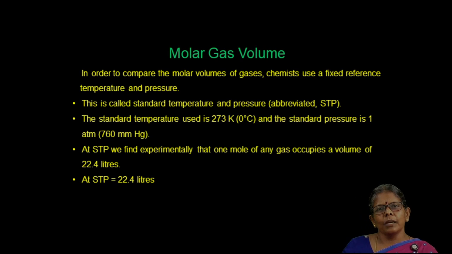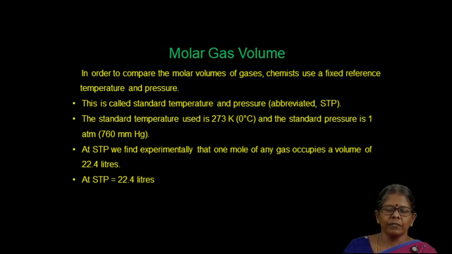Now we have to see the molar gas volume. Molar gas volume is nothing but the volume occupied by 1 mole of a gas at standard temperature as well as pressure. This is the term mostly used by scientists, because different countries have different temperatures as well as different pressures depending upon the area.